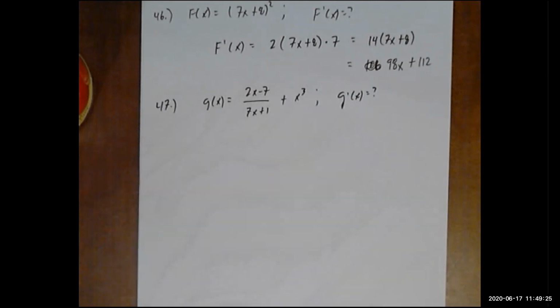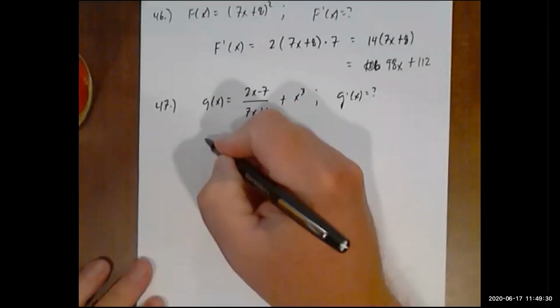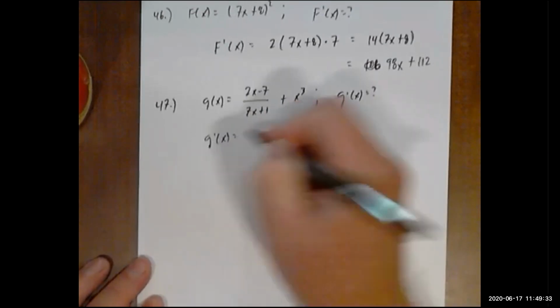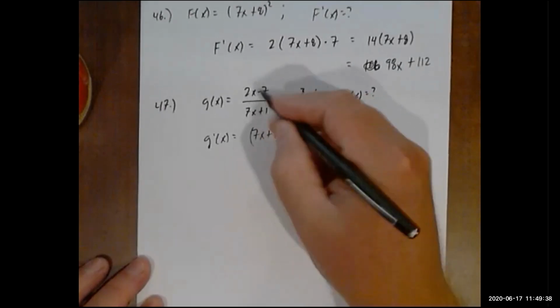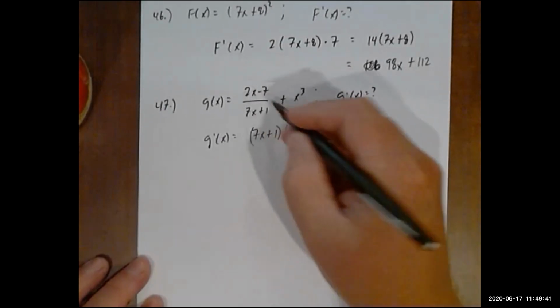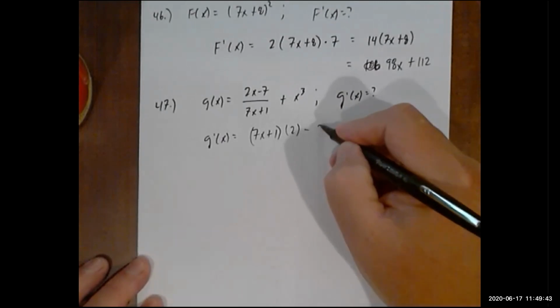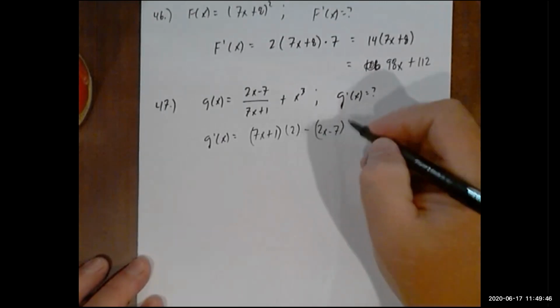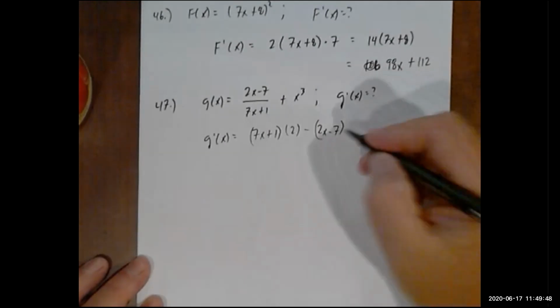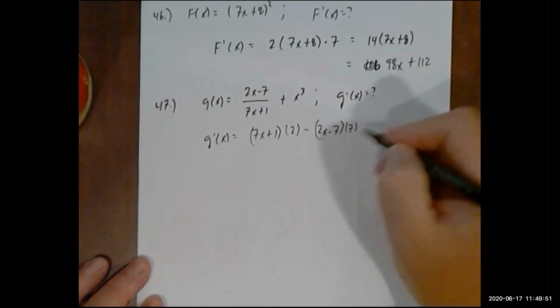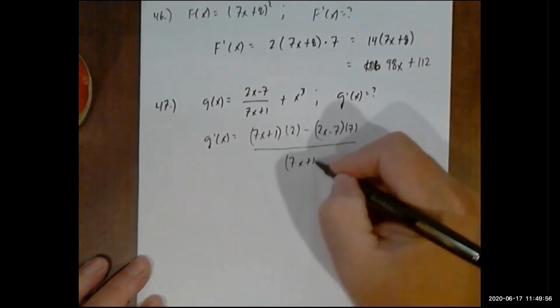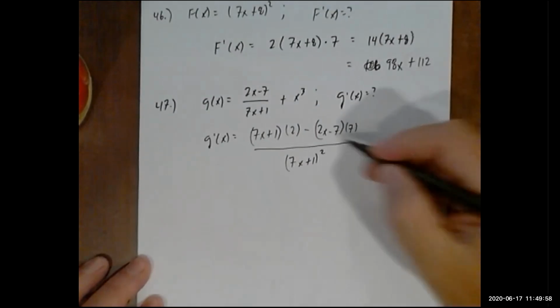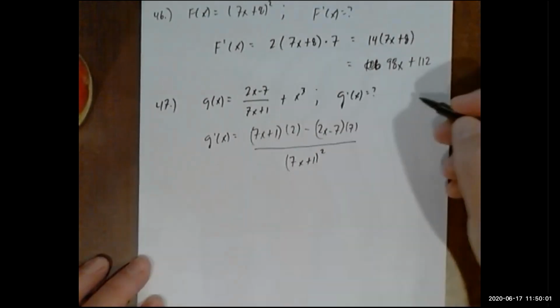X cubed obviously is very simple. This fraction, I'm going to have to use a quotient rule. Quotient rule almost always gets messy. So low d high, derivative of the top is 2, minus high d low, derivative of the bottom is just 7, over the low squared. So that is the derivative of this fraction.